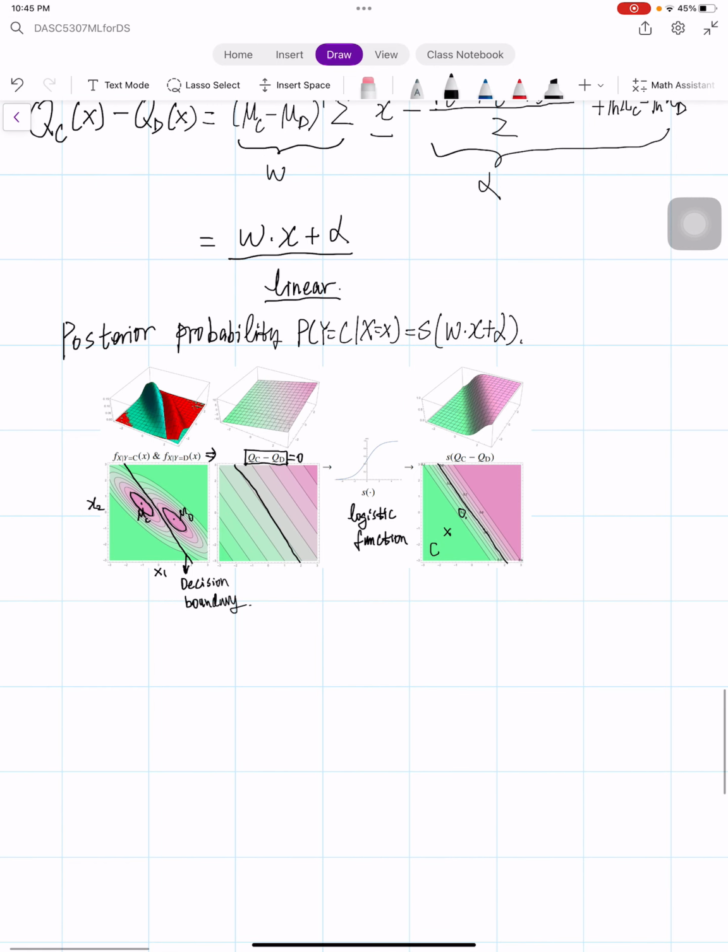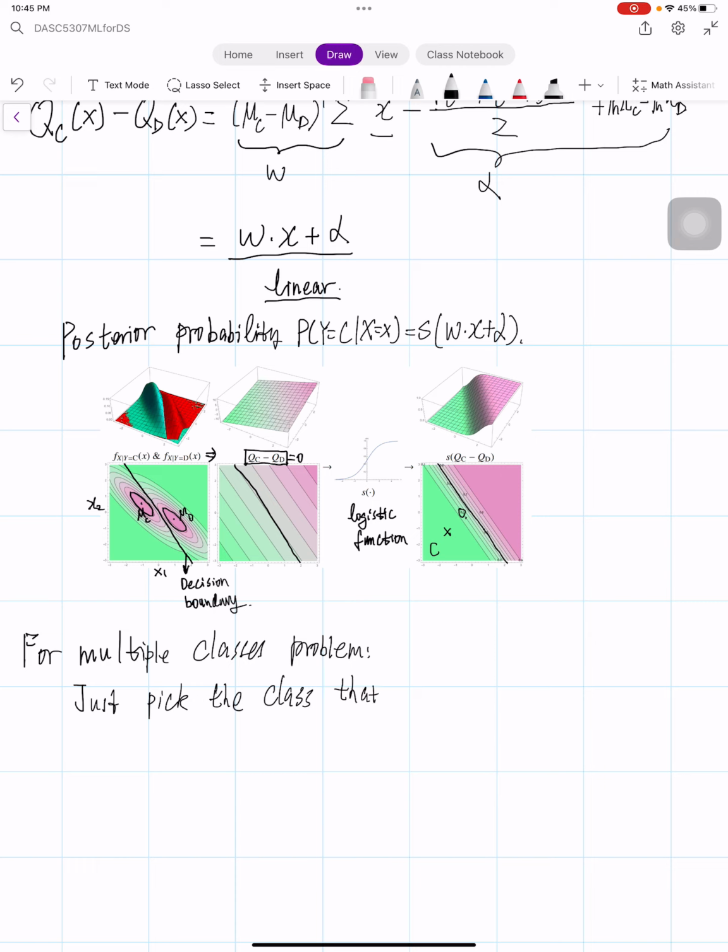Now for the multi-class problem, we just pick the class that maximizes the linear discriminant.